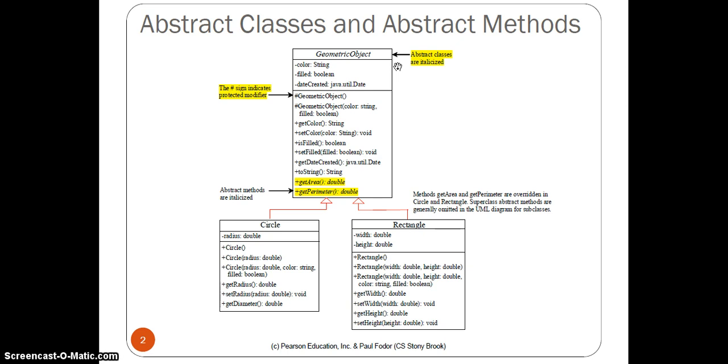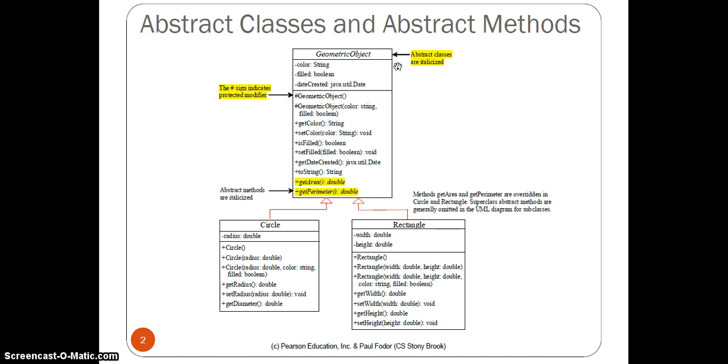Then I have two constructors, geometric object: one the very conventional no-arg constructor and another constructor with some parameters. The hash sign prefixing the constructors means that these have the protected modifier. Now I hope you remember what the protected modifier means, because we did study that in the visibility section of the previous lecture.